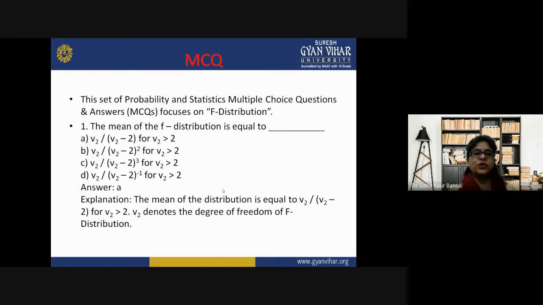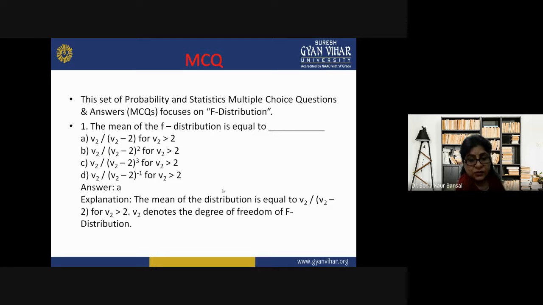So, question 1 is from this set of probability and statistics multiple choice questions and answers, focusing on F distribution. The question is: the mean of the F distribution is equal to V2 divided by V2 minus 2 for V2 greater than 2.